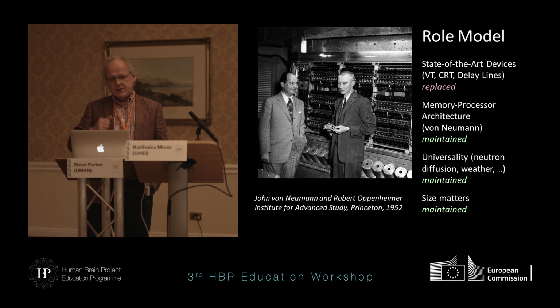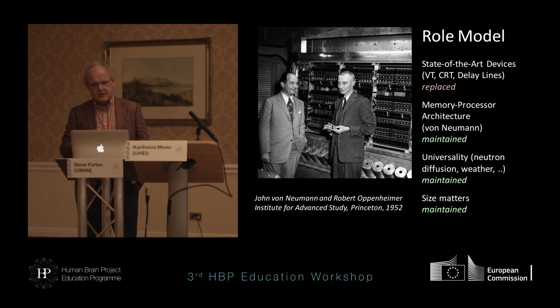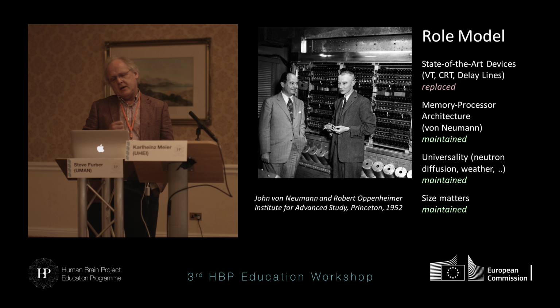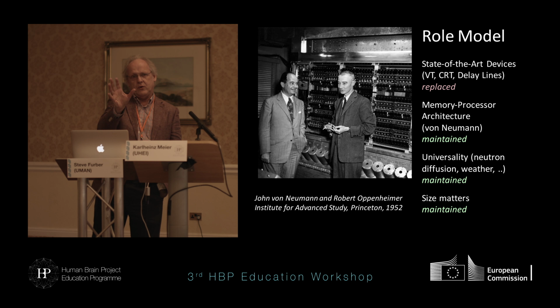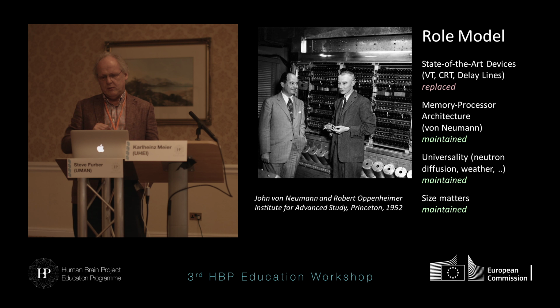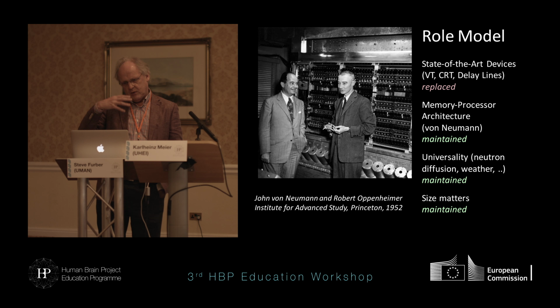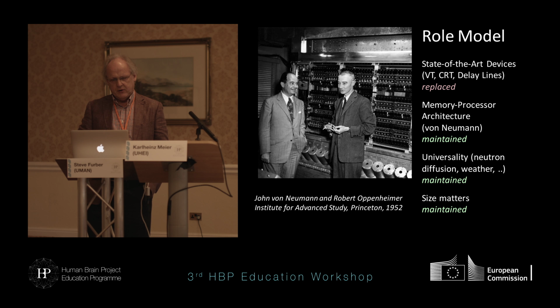But the key idea is the memory processor von Neumann architecture, the universality, and the scalability have allowed that model to persist to today. And the goal is to try and find the equivalent neuromorphic model. What is it you can do in neuromorphics that will stand the test of time? As technology changes, it'll still be a useful model into the future.